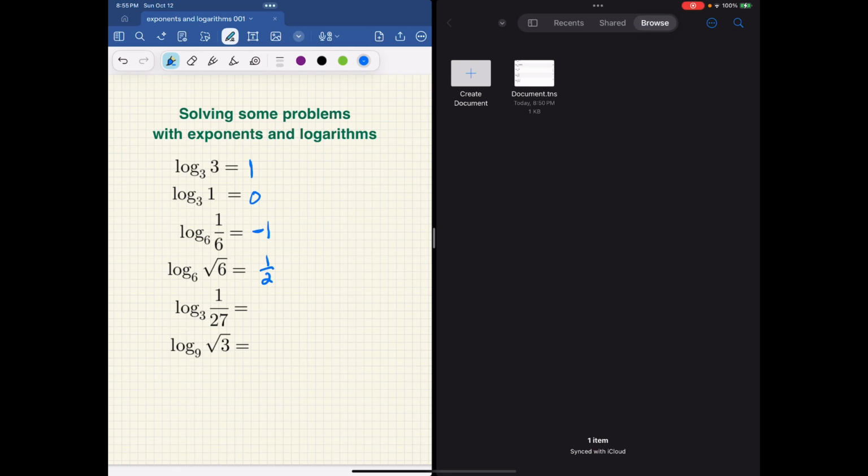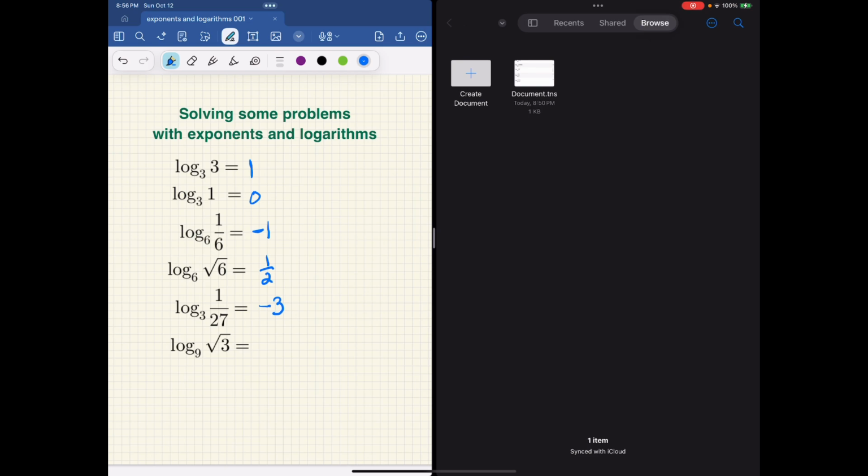The next question, log base 3 of 1/27 equals what? That question is asking 3 raised to what power equals 1/27? And the answer to that is -3, because 3 to the -3 is the same thing as 1/3 to the third power, 1/3 cubed, and that's 1/27.